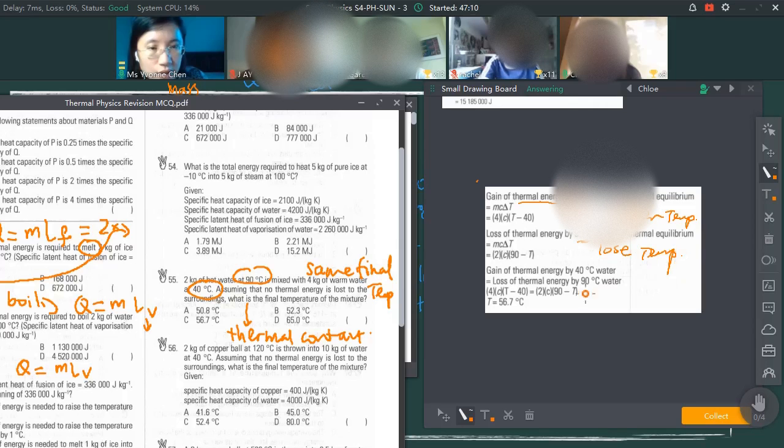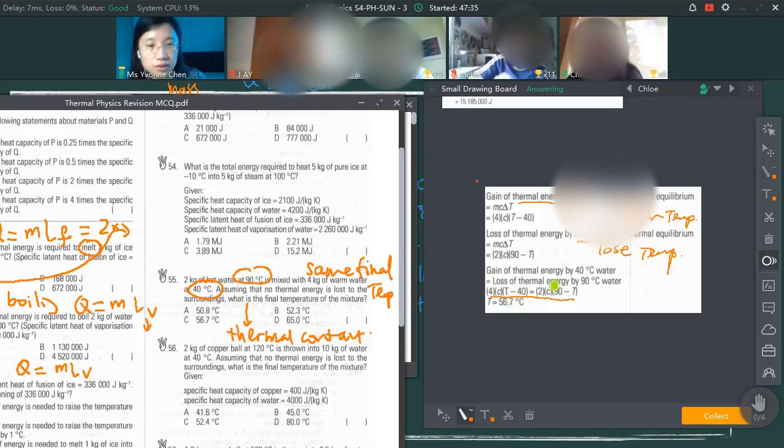So the final equation you should form is this. The gain of thermal energy by the 40 degrees Celsius water equals the loss of thermal energy by the 90 degrees Celsius water. So you form this equation, then you can get the final temperature. They have the same final temperature eventually.